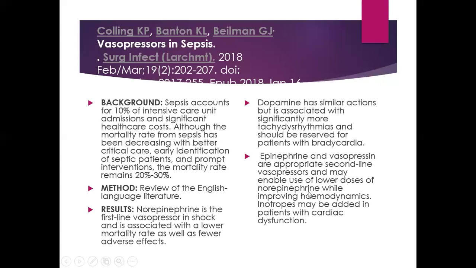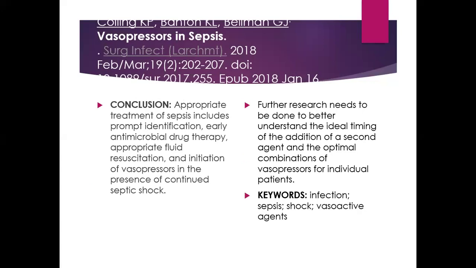So don't be shy to add vasopressin to your norepinephrine to improve the hemodynamic status of your patient in sepsis. And sometimes inotropes like dobutamine can be added, like I mentioned, especially in patients with documented cardiac dysfunction.